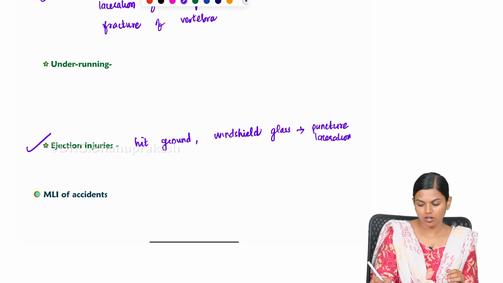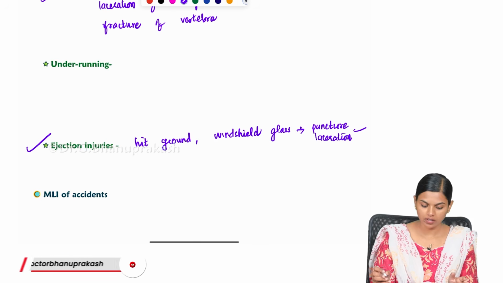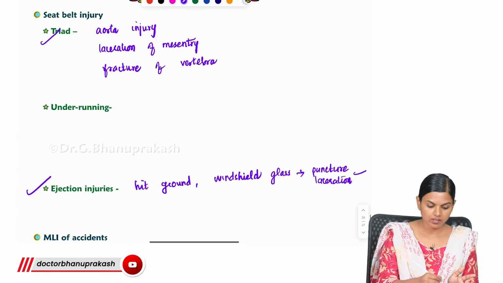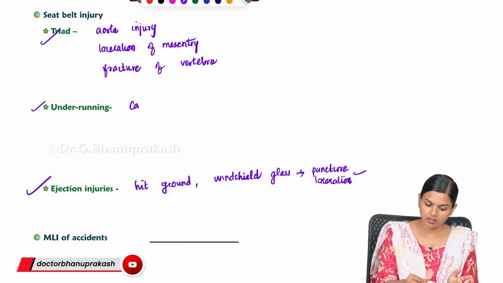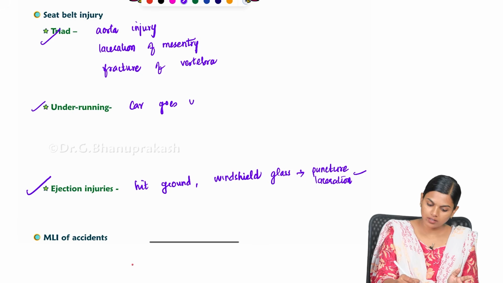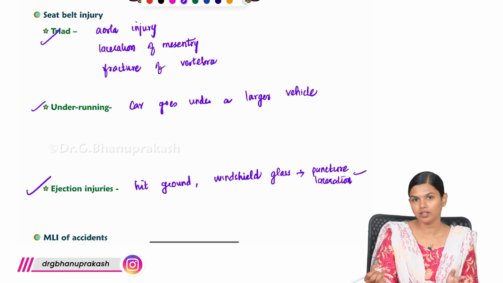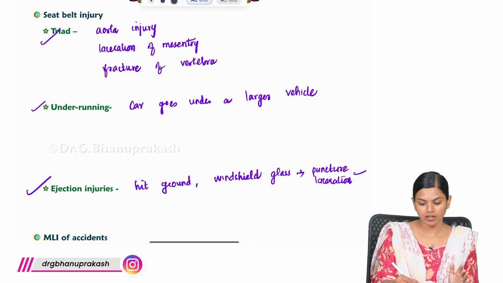These are also common in the occupants of the vehicle if they are not wearing seat belts or if they got ejected. This is very common. And underrunning is when the car goes under a larger vehicle.